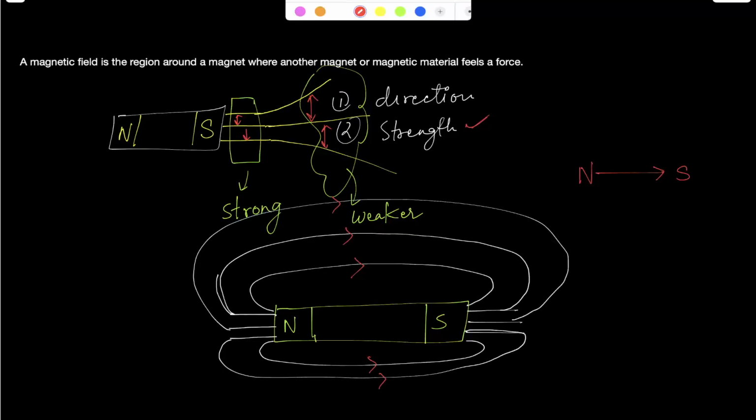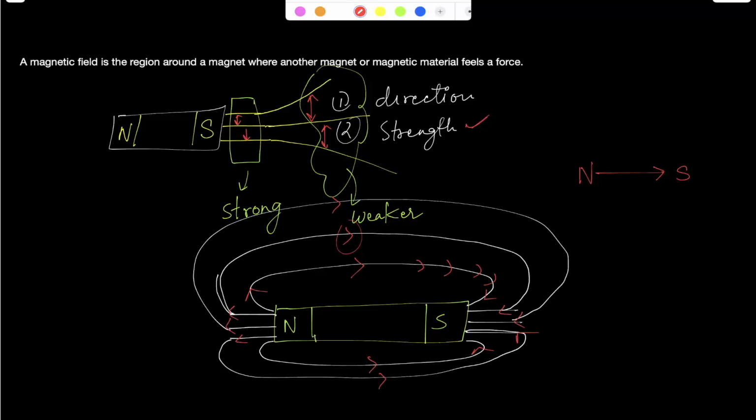If it comes towards south, it will come and go like that, and that will also come and go like that. Here we show it like this and it goes away from north. So this is the magnetic field around a bar magnet.